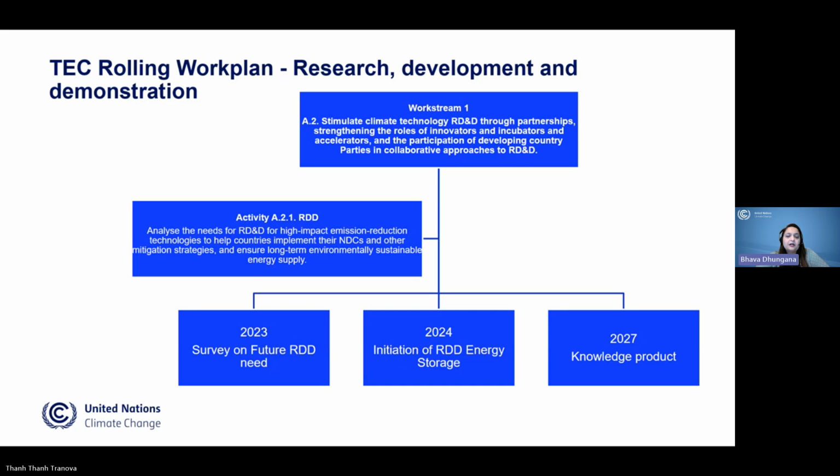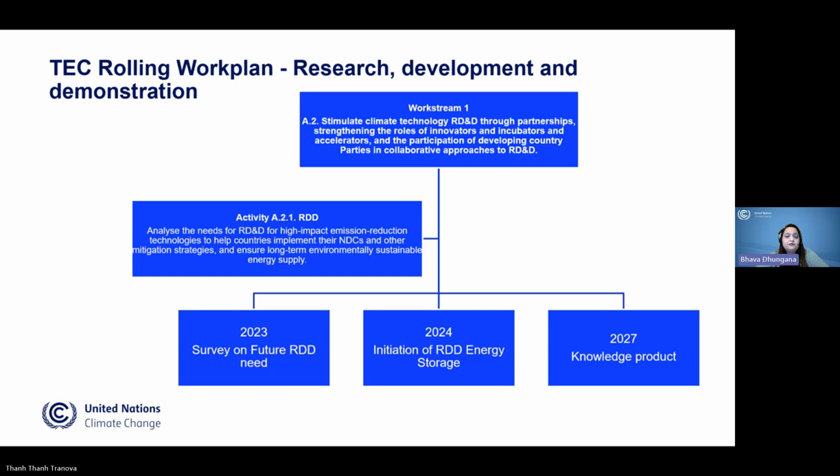Under this work stream, there's a specific activity to analyze the needs for RD&D for high impact emission reduction technologies to help countries implement their nationally determined contributions, or NDCs, and other mitigation strategies and ensure long-term environmentally sustainable energy supply.